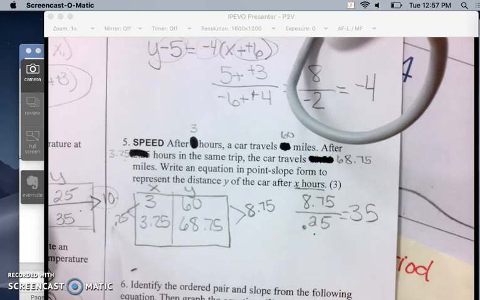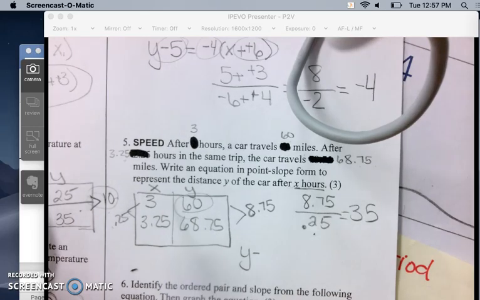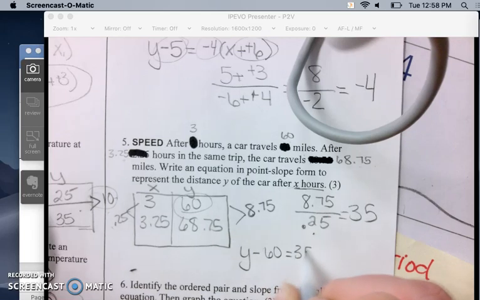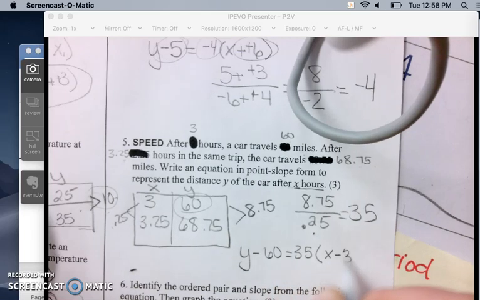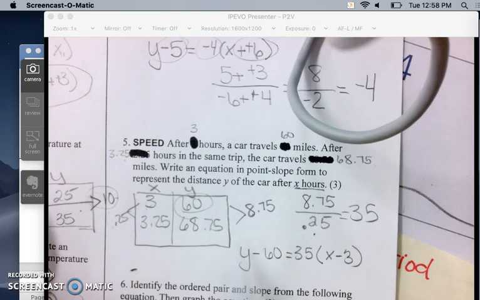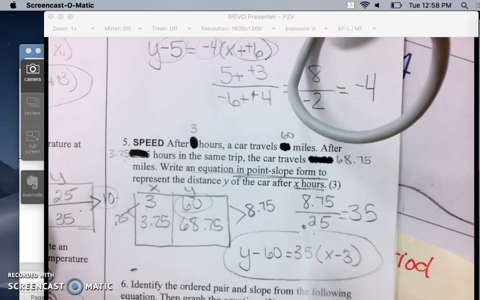That is the rate of change, so that's going to be your m. So you're going to do y minus whichever y point you choose. You can choose 60 equals my 35 and x minus 3, which is my x point. And that's all they're asking. Write an equation in point slope form. All right.